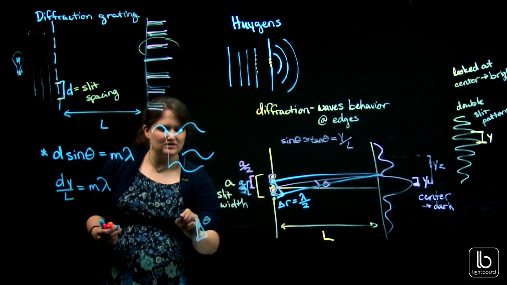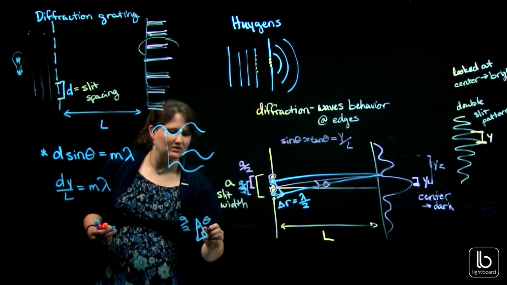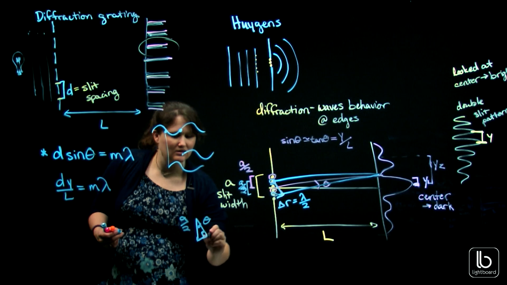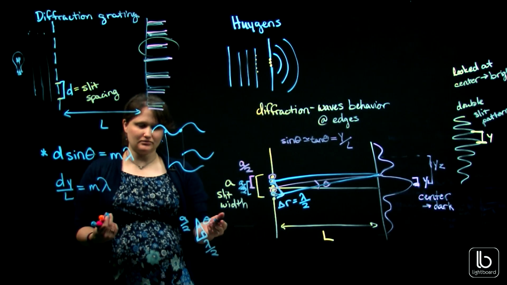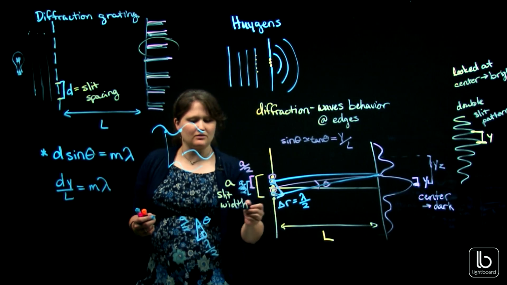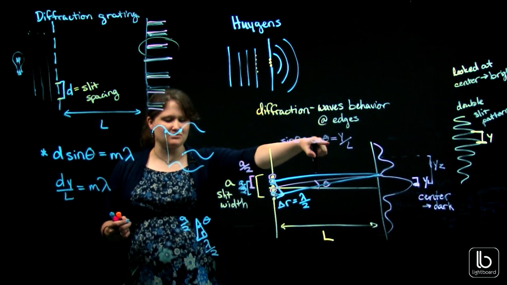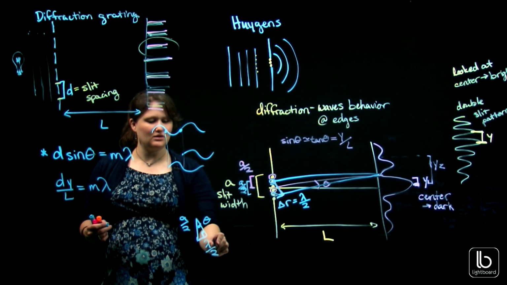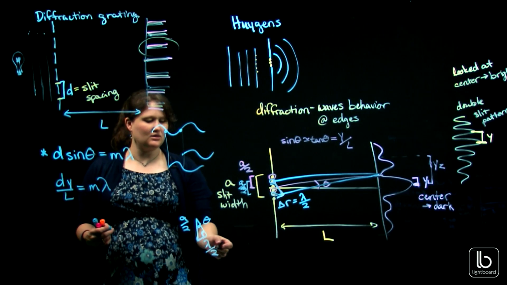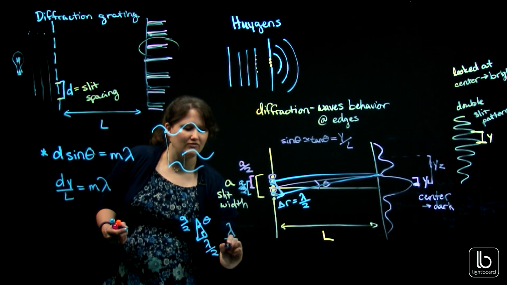This distance is a over 2. This distance is lambda over 2. And so we end up being able to say, with our small angle approximation, sine of theta, so opposite over hypotenuse, looks like lambda over a.